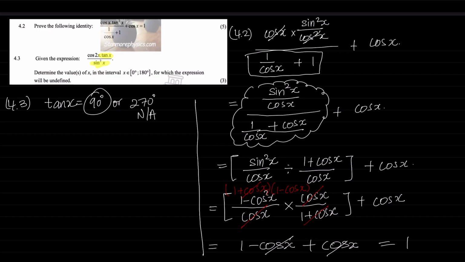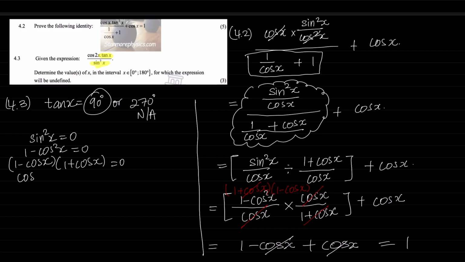Then the second one is sine squared x. So when my denominator is equal to 0, now we can't solve that directly, so what we'll do is we'll change this to cosines. What I mean is we'll say 1 minus cos squared x equals 0. Then we can do 1 minus cos x, and then 1 plus cos x is equal to 0.